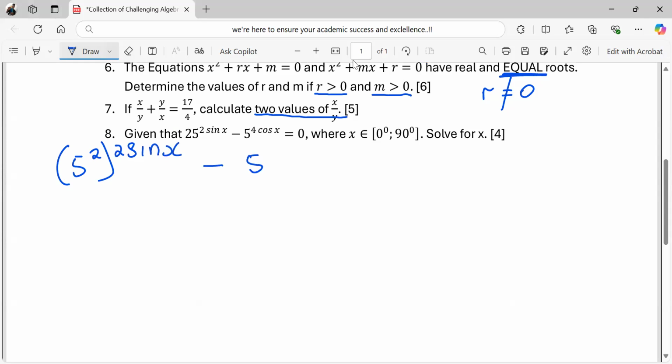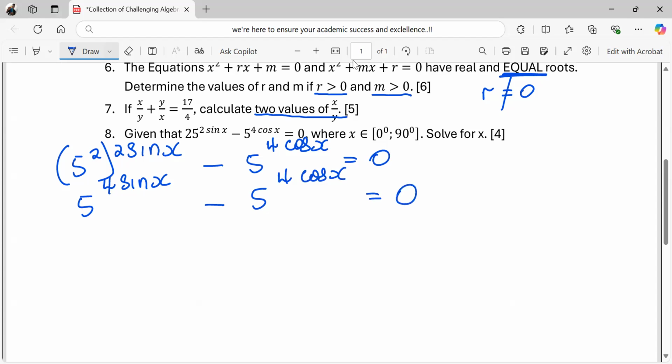Then we still say minus 5 raised to the 4 cosine x, and everything is equal to 0. Then we multiply the exponents on the first term. So we get 5 to the power 4 sine x minus 5 to the 4 cosine x.